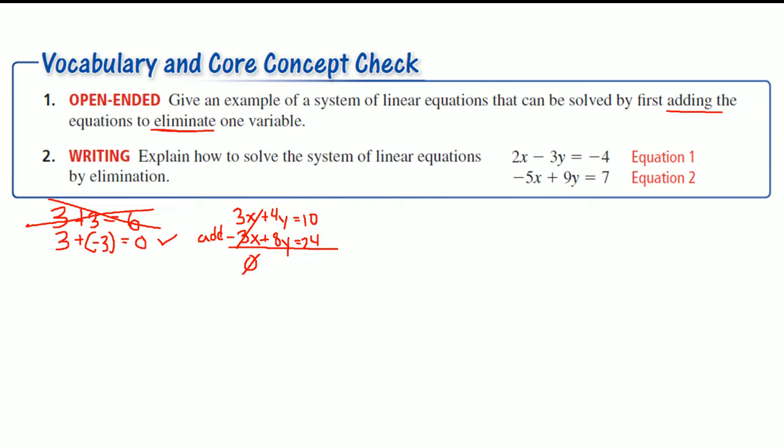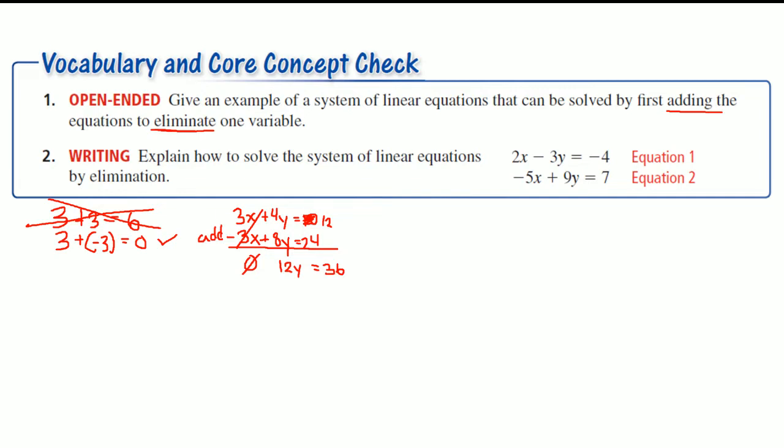It gets eliminated. This becomes 12y, and let me make this 12 to make this easier. This becomes 36. Here you could see how you could solve for y. So this is one example of a system that can be solved by adding the two equations.